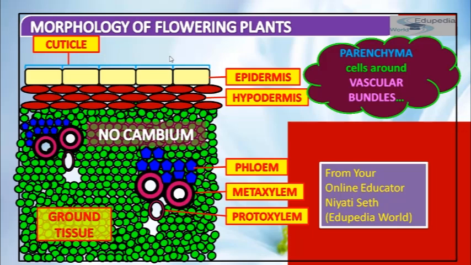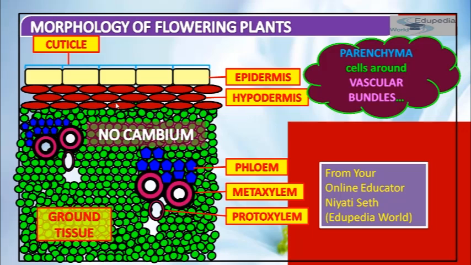Can you see the trichomes? No. And a cuticle is present. As you can see, this blue line is representing the cuticle, which is a waxy substance. The epidermis of monocot stem also contains numerous minute openings, which we call stomata, students.